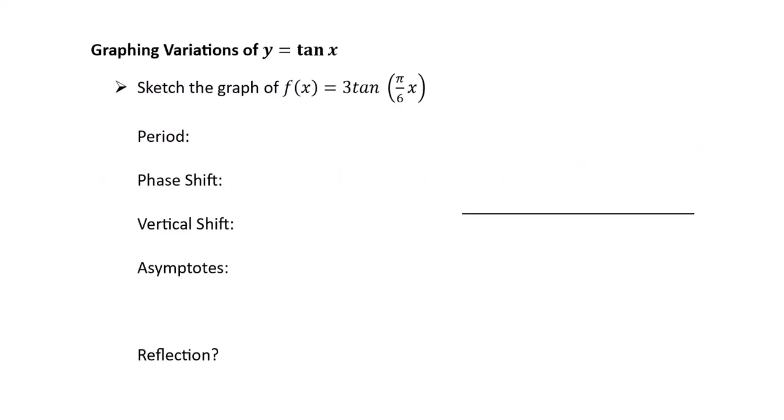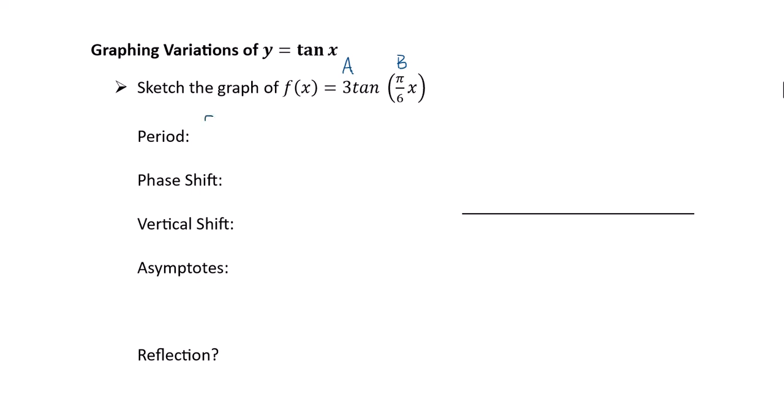Graphing variations of y equals tangent x. Let's say we want to sketch the graph of f of x equals 3 tangent of pi over 6 times x. My a is positive 3 and b is pi over 6.